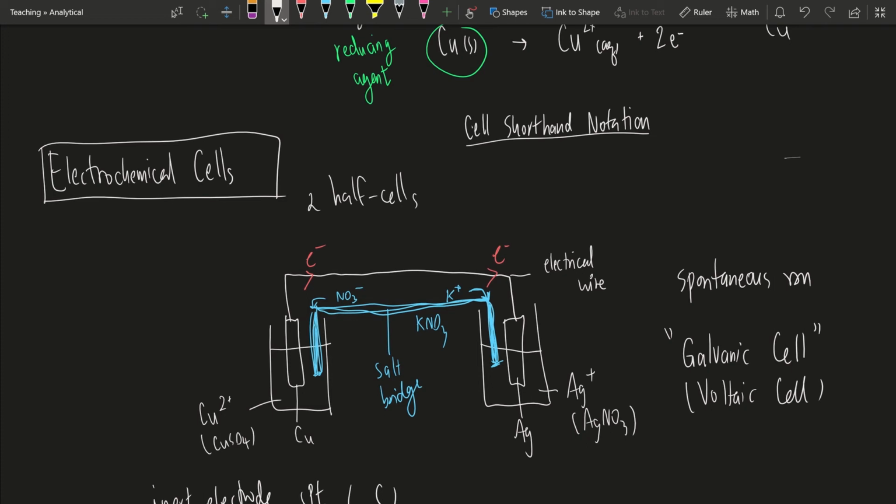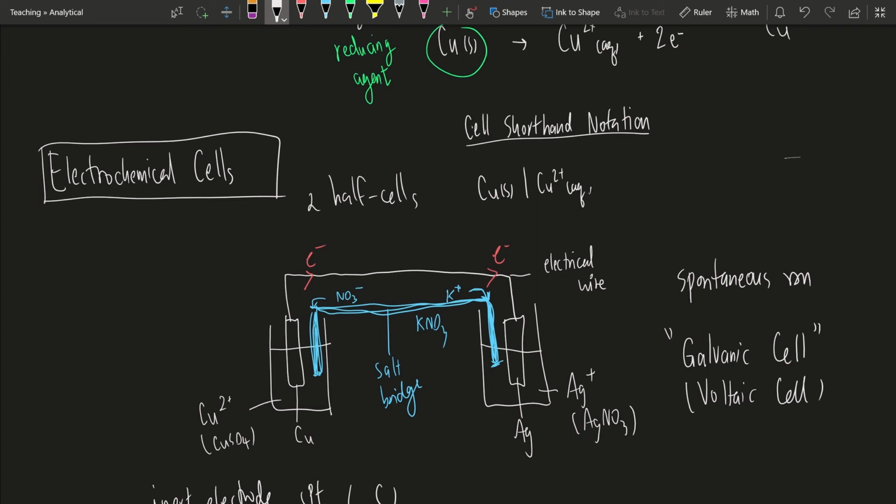For example, for this copper and silver half cells, we can write it as copper solid, and you use one vertical line to separate between the phases, and copper 2 aqueous. Usually you will tell the concentration as well, but if it's in the standard state, which is like 1 molar solution or 1 atmosphere of gas, then you can just ignore it.